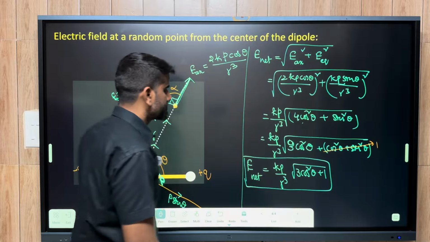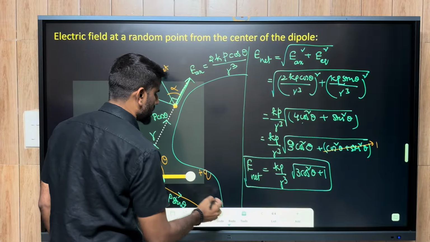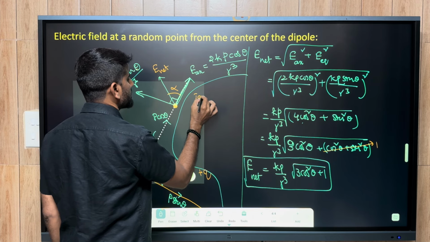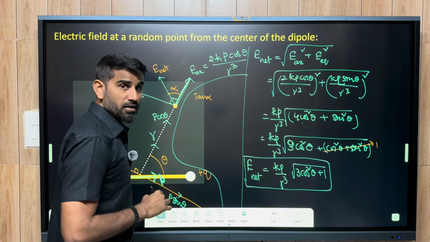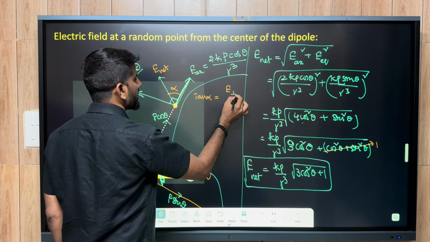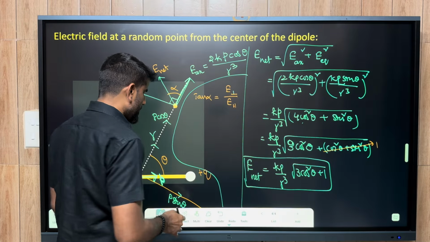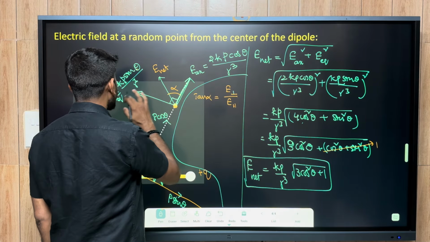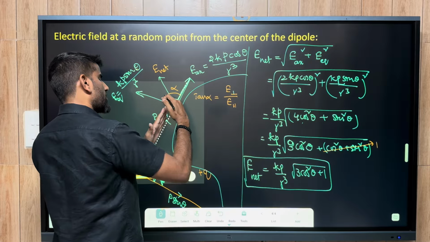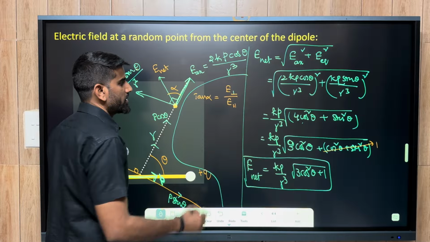To find the direction of E net, what am I going to do? Tan alpha is equal to E perpendicular by E parallel. That means E equatorial by E axial. Perpendicular to the axis is this one only, no, E perpendicular by E parallel.